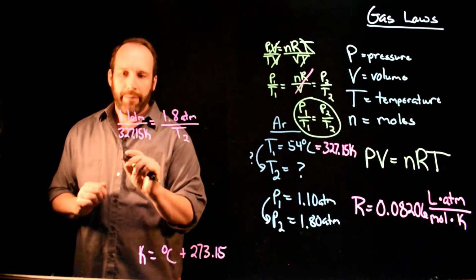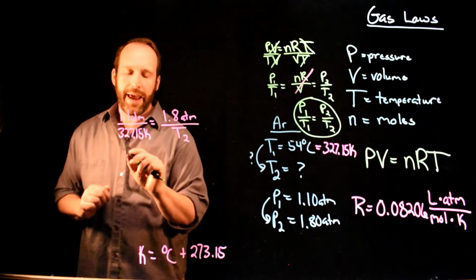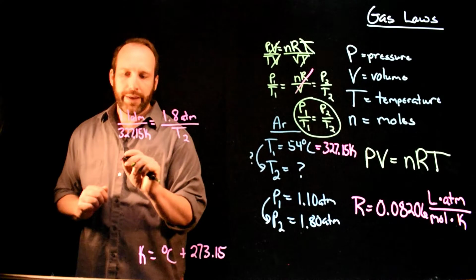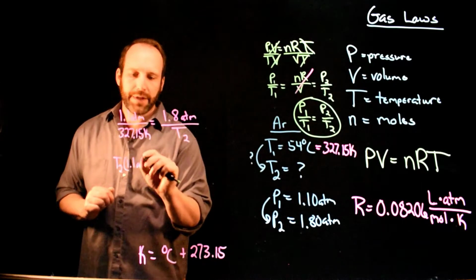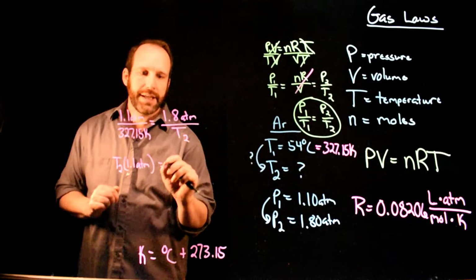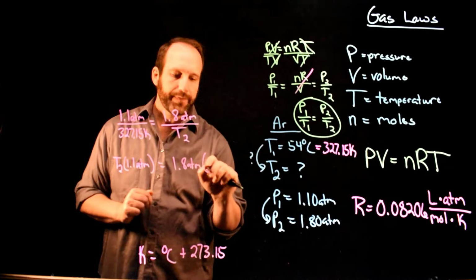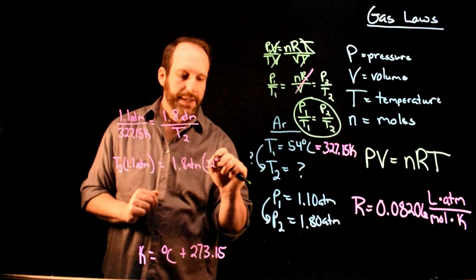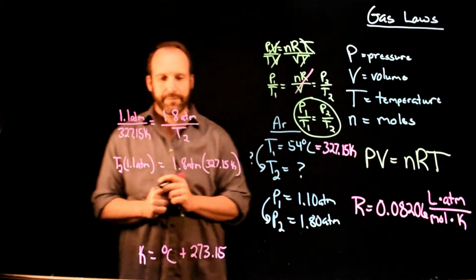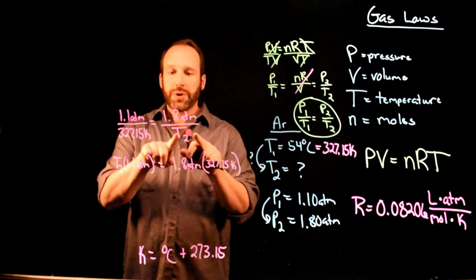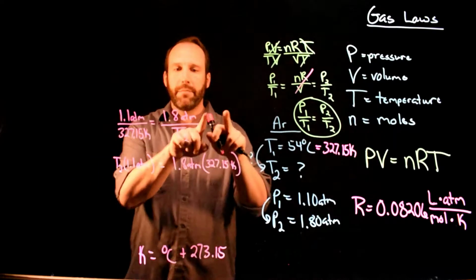We can multiply both sides by T2, and so what we end up with is T2 times 1.1 atmospheres is equal to 1.8 atmospheres times 327.15 Kelvin. We took this denominator, moved it up here. We took this denominator, moved it up here.